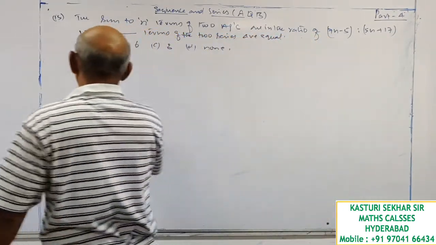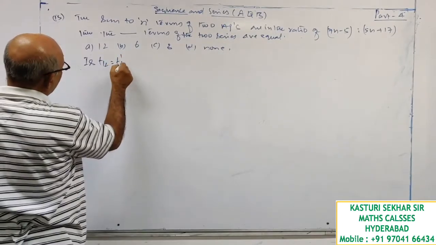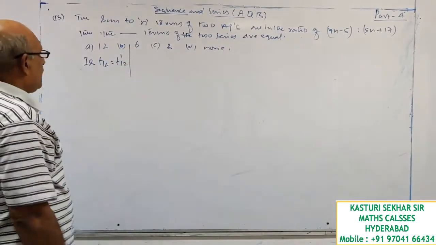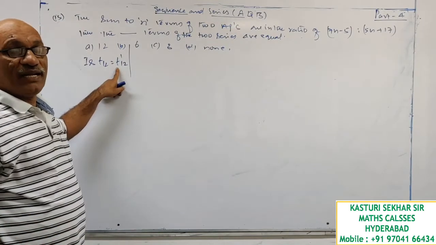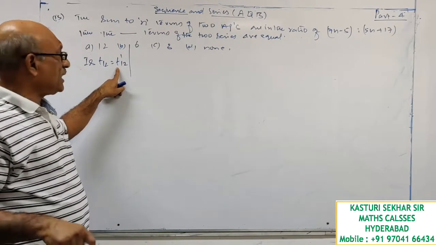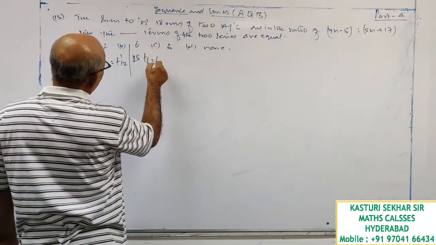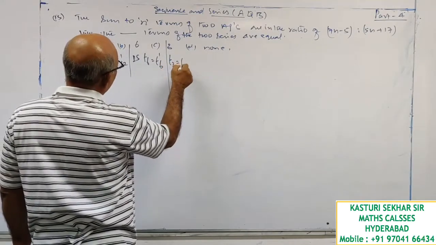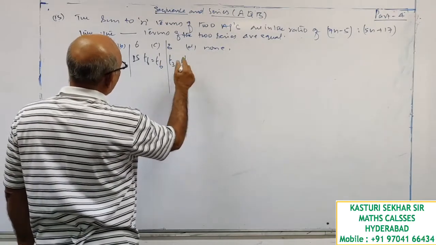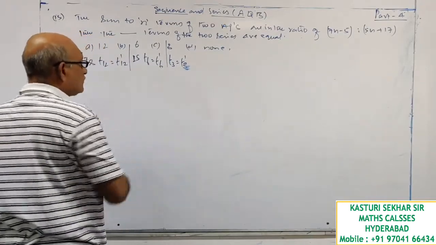It means, is T12 equal to T dash 12? It is not given in the question, that I have to verify. Or is T6 equal to T dash 6, or T3 equal to T dash 3. This is what I have to verify here.